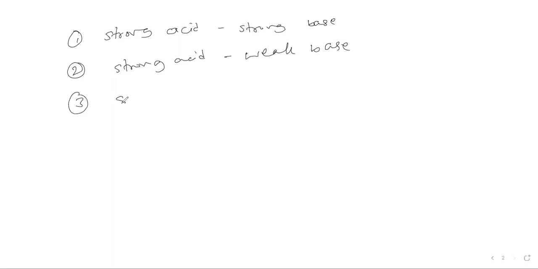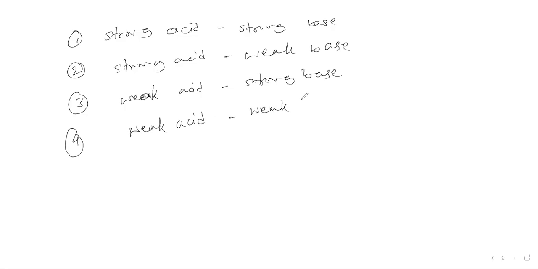Then the third type is weak acid and strong base. And the last one, I hope you've got it already, is weak acid and weak base. So these are the four types of titration category we can actually make use of.